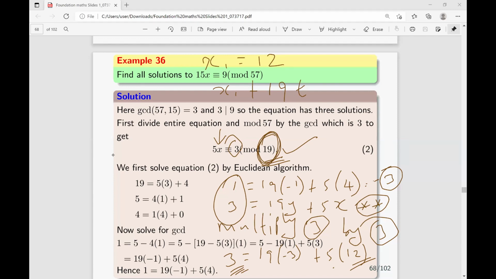Which integer is that? We had 3 solutions. So t will be 1 or 2. Or if you want, just say that x will be given by x1 plus this, where t is 0, 1, 2.